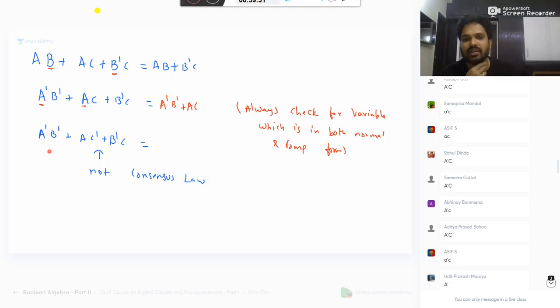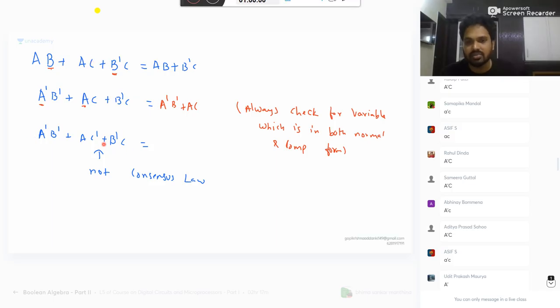Do not apply the consensus law here. You should apply Boolean algebra expressions and do it. Here you see A is changing to A bar and A, and the product is not B bar C bar. You cannot apply. Or you check here C is changing to C and C bar, then the product is not equal to A B bar. You cannot apply these conditions here. So what you need to do? Three terms are there. Try it. You cannot apply it in any way here.